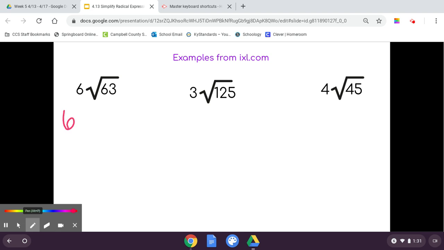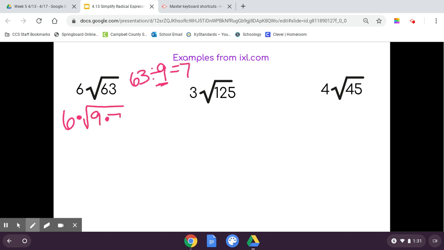So I do 6 times the square root of 63. Well, I know that 63 can be divided by 9, which is a perfect square, and I get 7. So 6 times the square root of 9 times 7 still gives me that 63. Then I'm going to go ahead and separate it out.